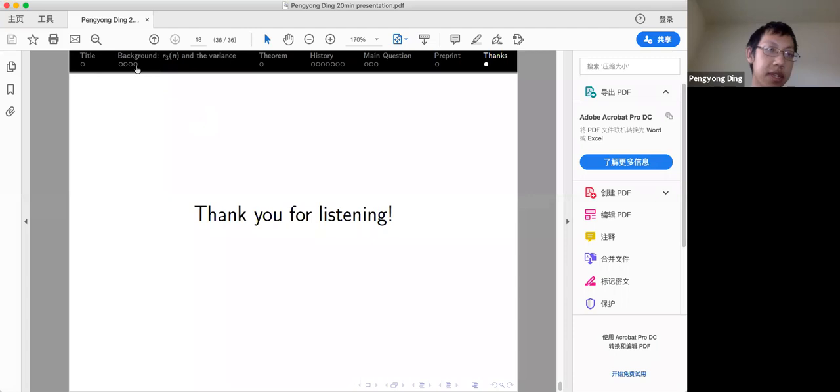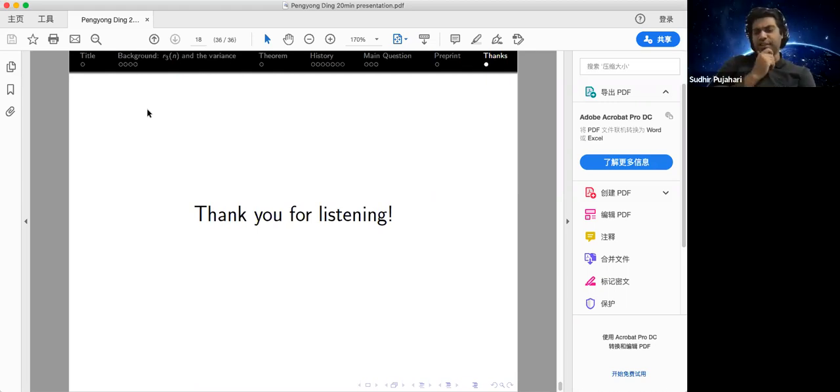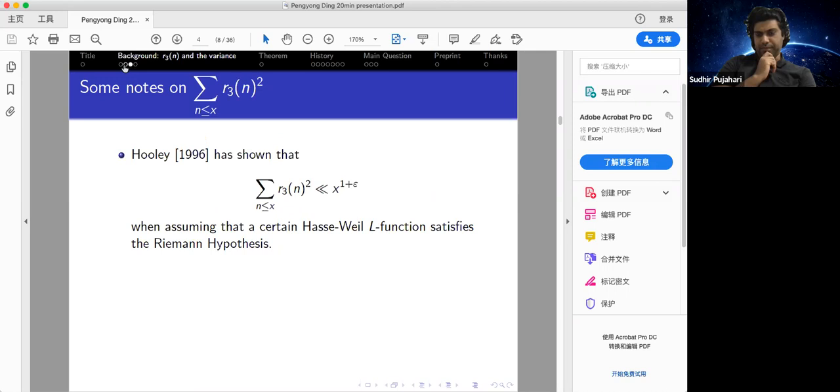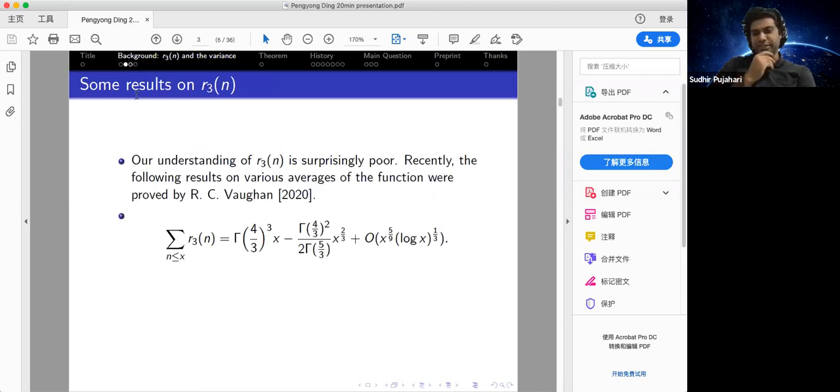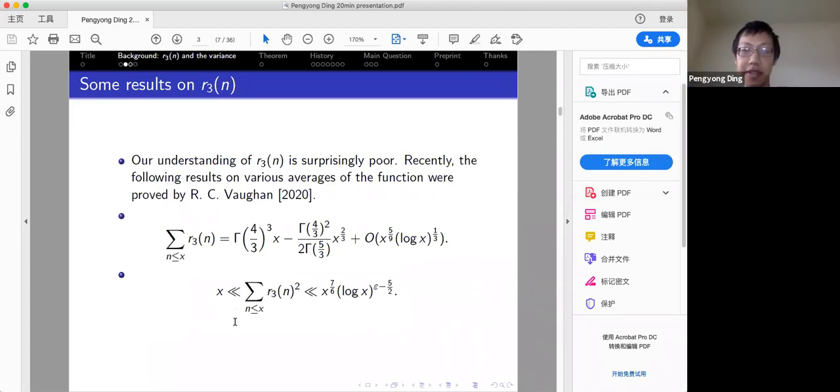There are several ways to evaluate the second moment. The generating function, which I think is theta, right? Maybe we can discuss that later. Anyway, that's the best result that we have found.